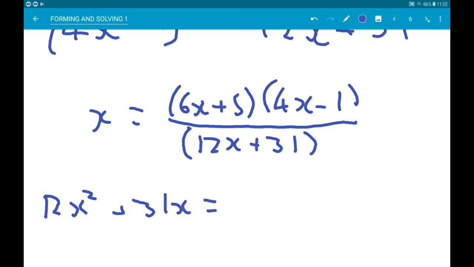is equal to, now make sure you can expand this right hand side too. So 6x times 4x is 24x squared. Now we're going to get minus 1 lots of 6x, so that's minus 6x. Add 5 times 4x. So we have 20x minus 6x, that's 14x. And then 5 times minus 1 is minus 5.